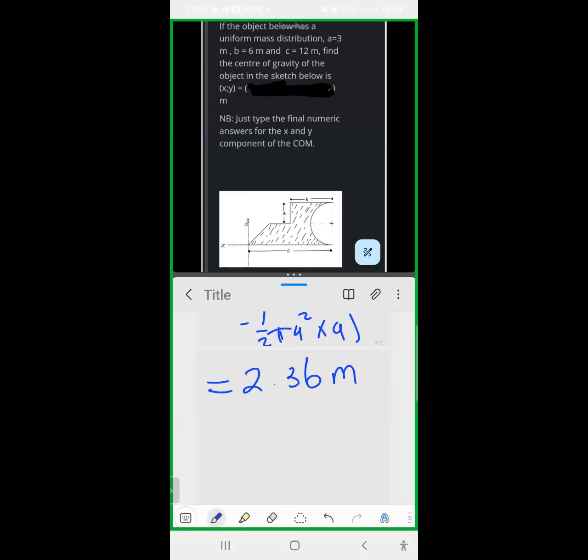Hence, the coordinates of the center of mass will be 6.27 and 2.36 meters, as required. And that's how you find the center of mass for this given shape.